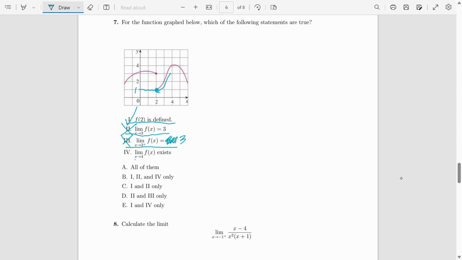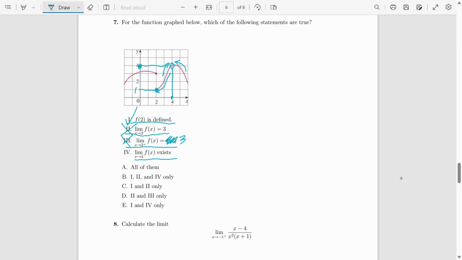What about number 4? The limit as x approaches 4 exists. So let's see. At 4, there's a discontinuity here, but it's different from the previous limit because it's removable. See how when you approach that point from the left side and the right side, they both approach the same value, which looks like it's 4.